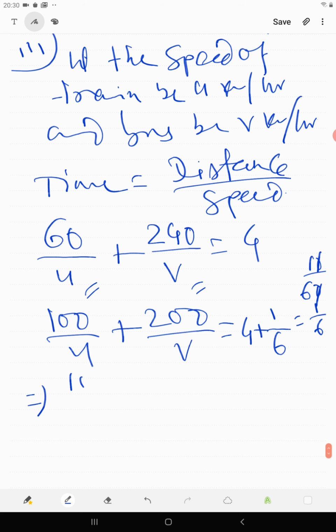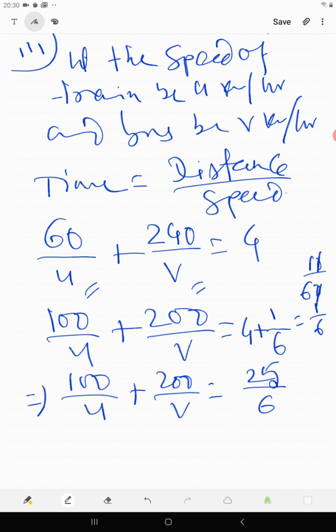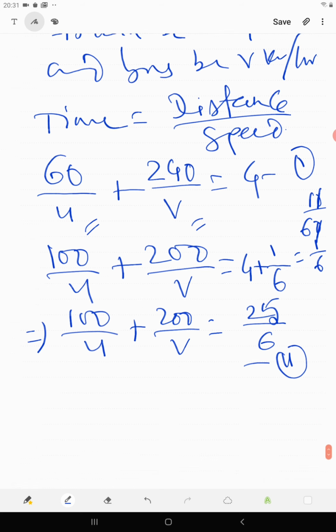So the whole equation becomes 100 by u plus 200 by v equals to, take LCM, 6. 6 into 4 is 24 plus 1 is 25, so it is 25 by 6. So this is our two equation, 1 and 2. Now what we will assume?